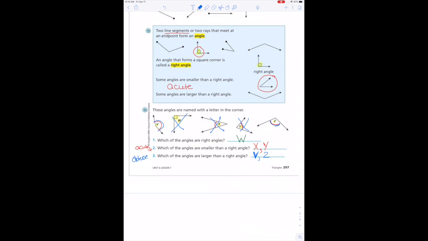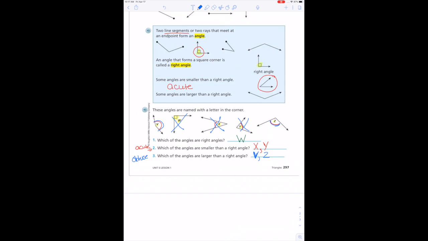I want to see if you can find a right angle, an acute angle, and an obtuse angle in your house. In the document you can type and tell me about it, but what might be really fun is a picture or a video of the different angles that you have found at your house.